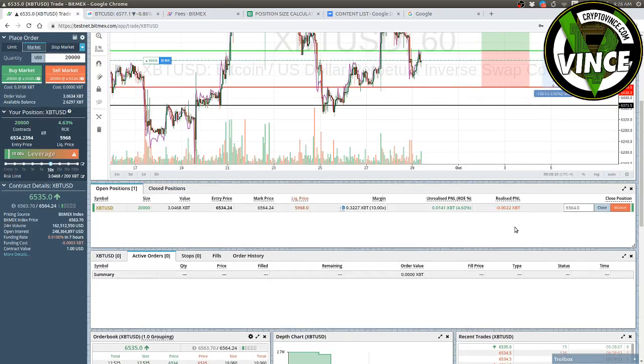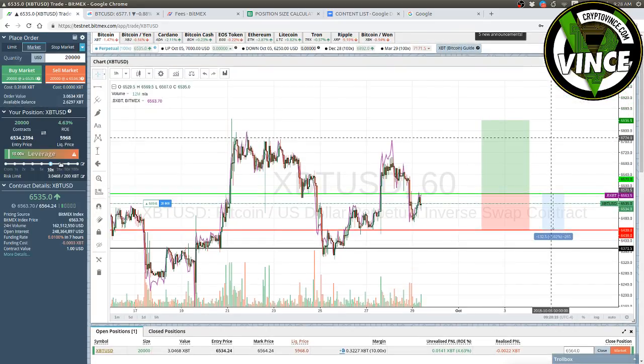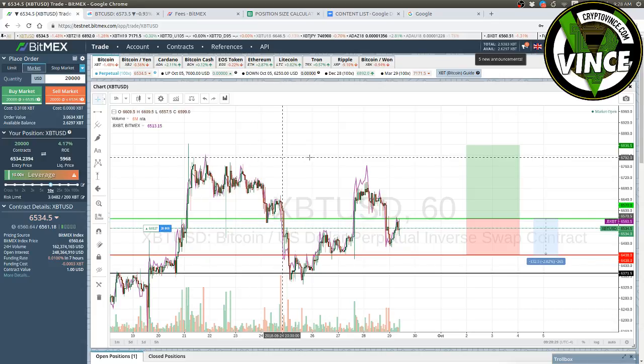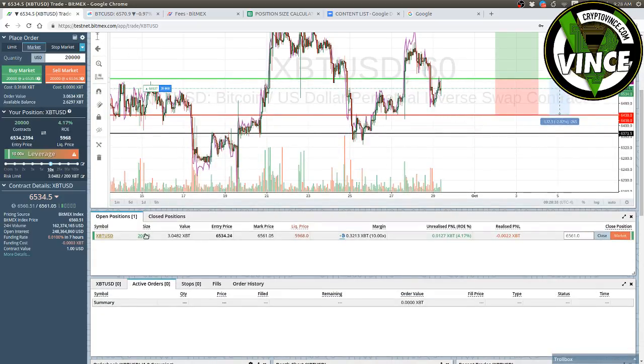Realized P&L is pretty much the fees that I paid, and another fee will be added when I close my position. Now, I bought market, so of course, if I want to sell that position, I'm going to do the opposite, right? I'm gonna sell market for 20k. And what do you think is gonna happen if I do that? I have a position size of 20k. If I want to sell that position, I can sell market, in this case 20k.